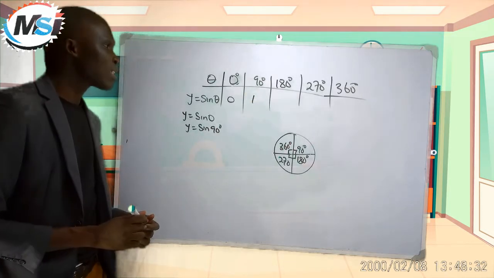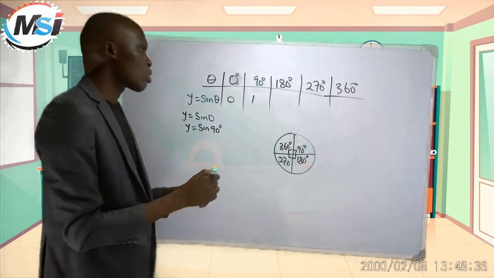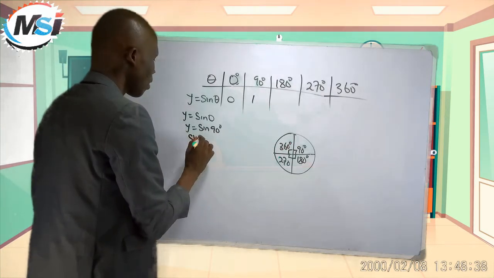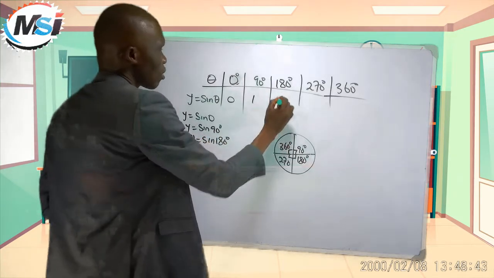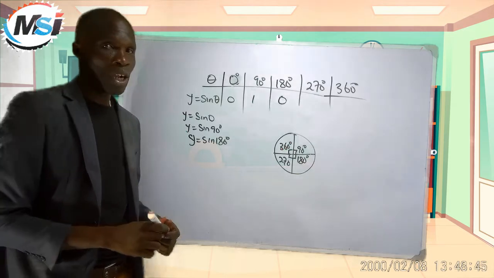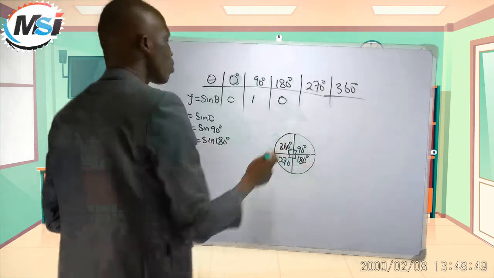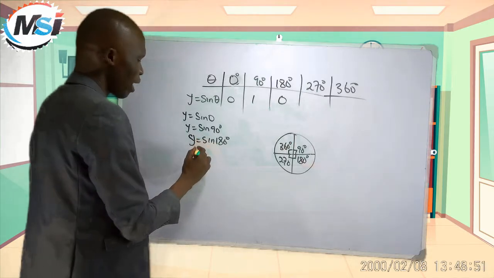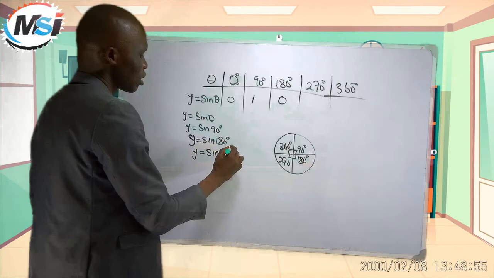Now, not only that, if you look at 180, y will give us sine 180 degrees. 180 degrees will give us 0. If you make use of your calculator, you don't need to waste time on this. Then for 270, y is sine 270 degrees.